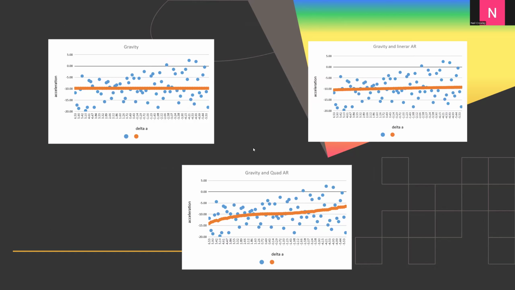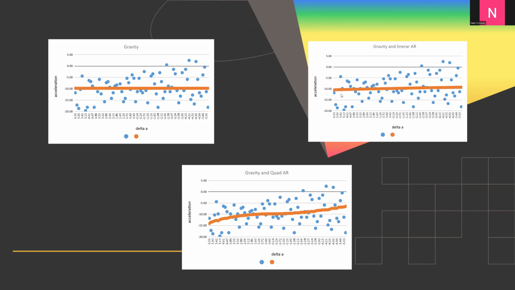These are our three graphs. This is gravity. It had a very straightforward consistency. Yes, it's straight, but it's only factoring gravity, so it's going to be straight and less precise.